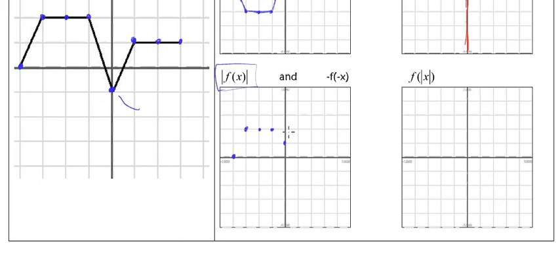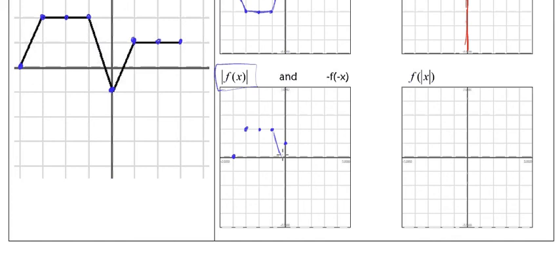Now, notice what's happening here on the line. The original function still comes down, hits 0 right around -1, that's probably -1/3. And so we still need to have our line come down and hit it at -1/3.